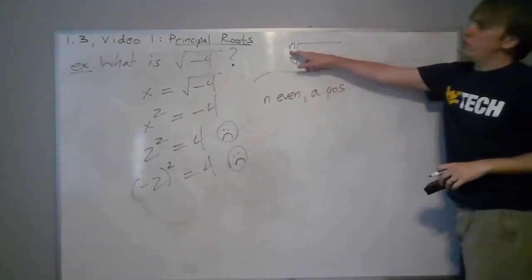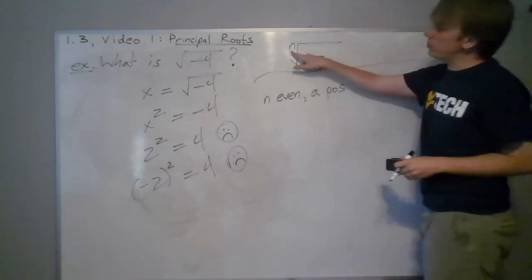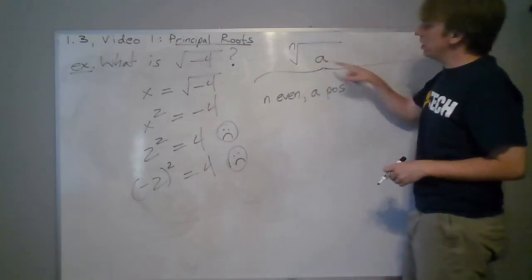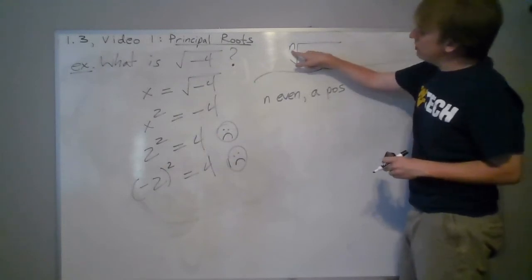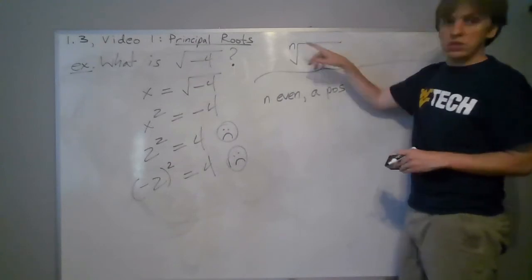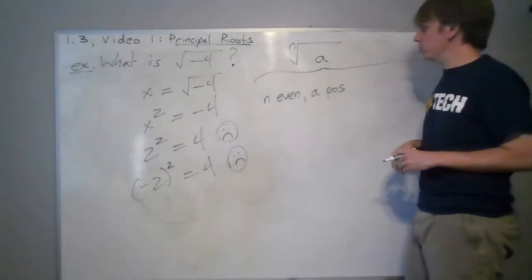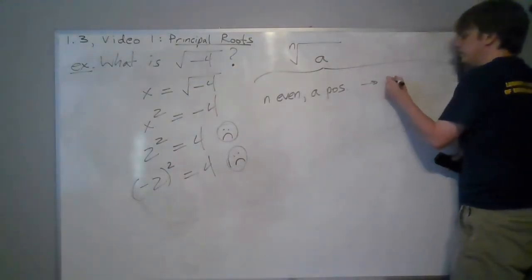If we have a root of a particular number, we have some cases based on, is the number up top even or odd? Is the number inside positive or negative? And we said if we have an even number and a positive, like square root, turns out fourth roots will be the same as square roots, then what's going to happen is we're going to have 2 answers.